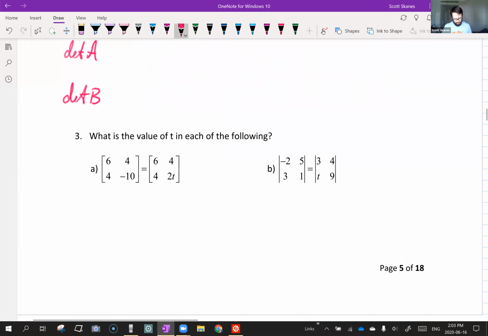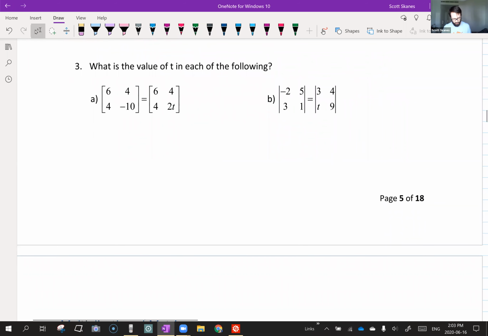Let's solve this for the value of t. This is more interesting. Let's see if you can figure this out. It says, what's the value of t in each of the following? For the first one, remember all these elements are related. So 6 is of course equal to 6, 4 is equal to 4, 4 is equal to 4.